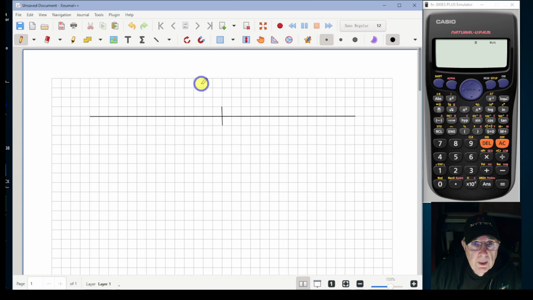And let's call this the number line. And we'll put some tick marks here. And this big tick mark in the middle, let's label that 0.